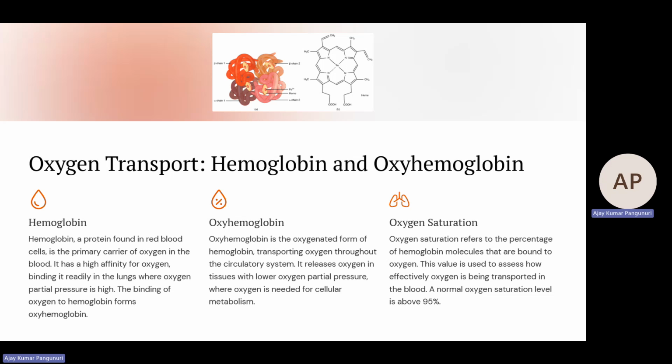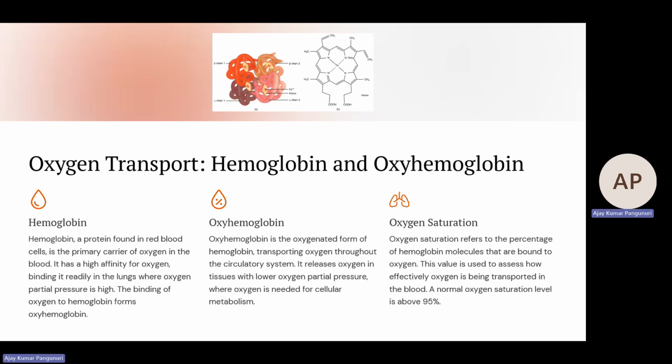The binding of oxygen to hemoglobin forms oxyhemoglobin. Oxyhemoglobin is the oxygenated form of hemoglobin, transporting oxygen throughout the circulatory system. It releases oxygen into the tissues with lower oxygen partial pressure, where oxygen is needed for cellular metabolism.